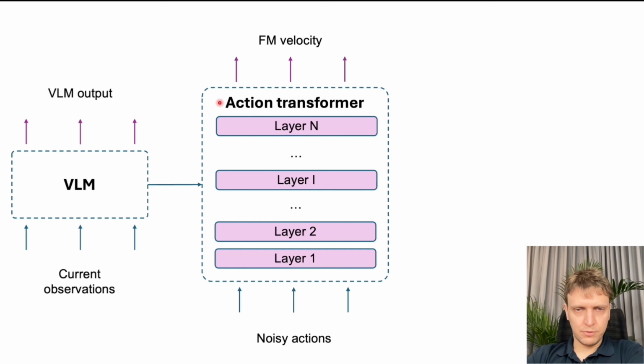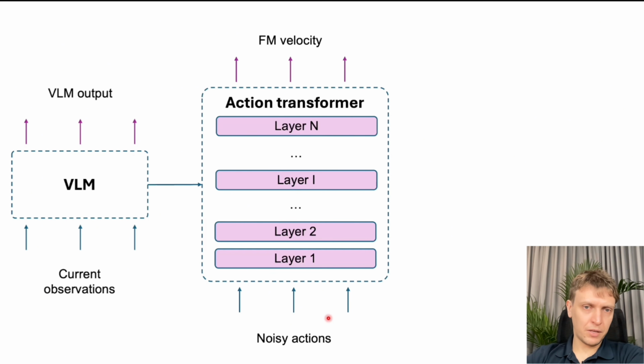And this action transformer is shown as many layers. So this is the VLM as before. This is our action transformer, which is just a transformer with many layers and cross attention to the VLM. It receives some noisy actions and predicts the flow matching velocity that allows us to denoise the inputs and eventually generate the actions.